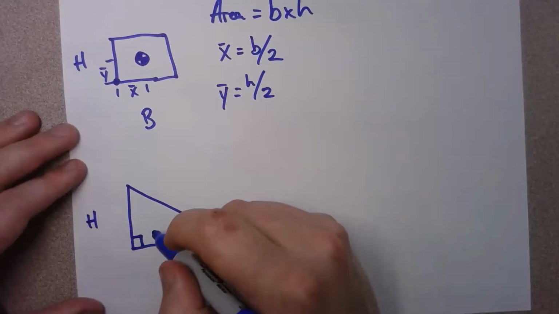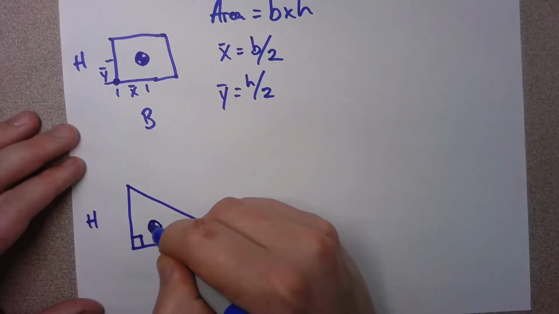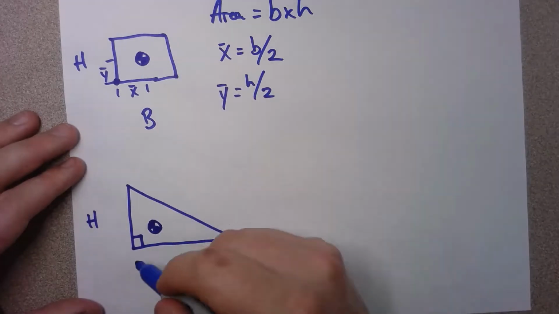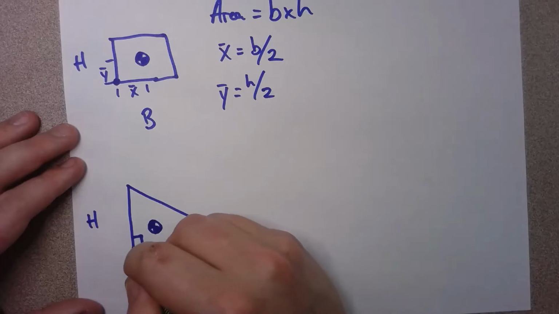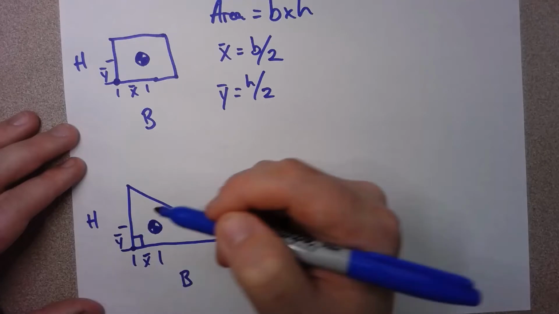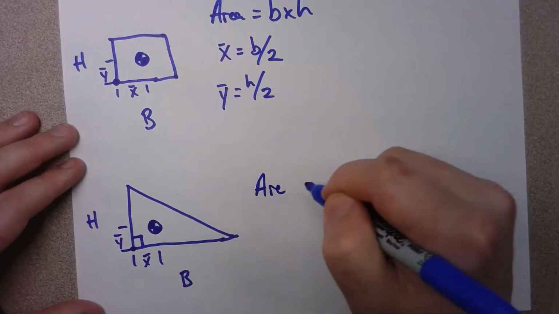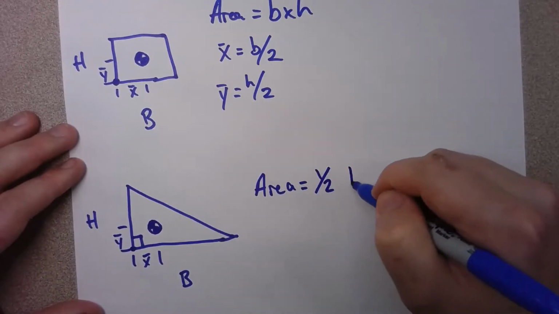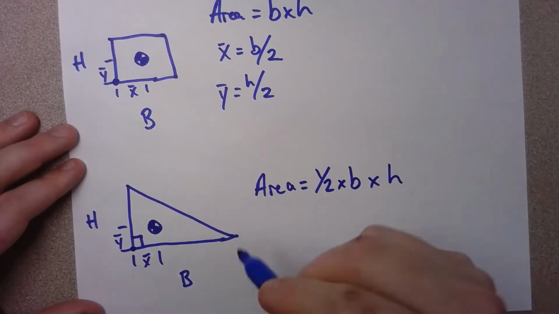Its centroid is located somewhere about there, and just like the square or rectangle, that centroid is located in space x bar away from the origin and y bar away from the origin. The area of a triangle is equal to 1/2 base times height. So there's multiplication there too.